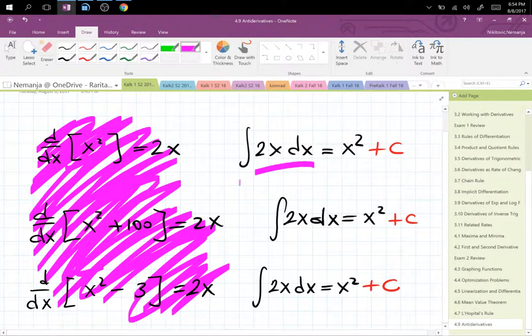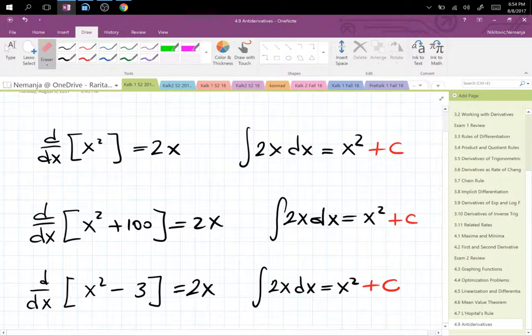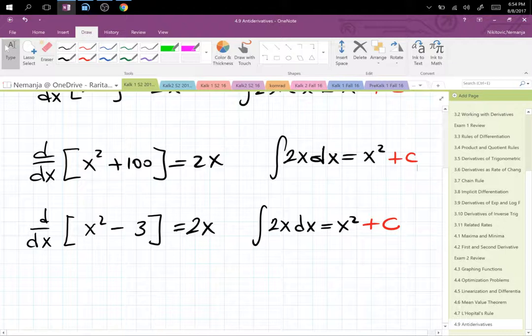The integral of 2x dx is x squared, and there might or might not be some kind of constant, which is the reason why we put plus c. So this plus c is not there for decoration. You have to put this plus c every time you integrate.